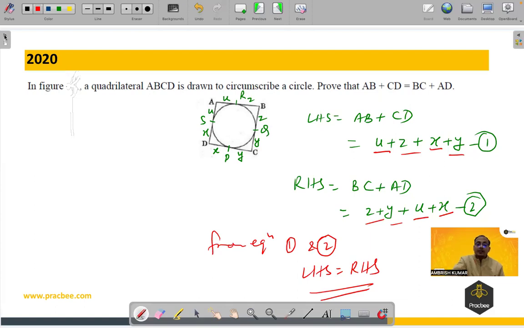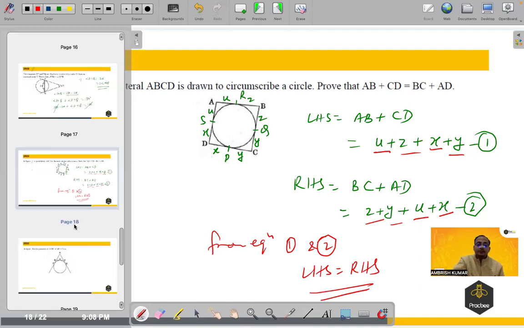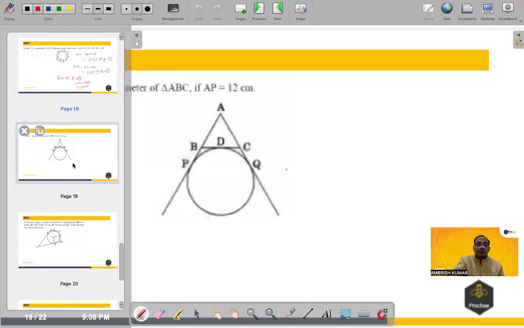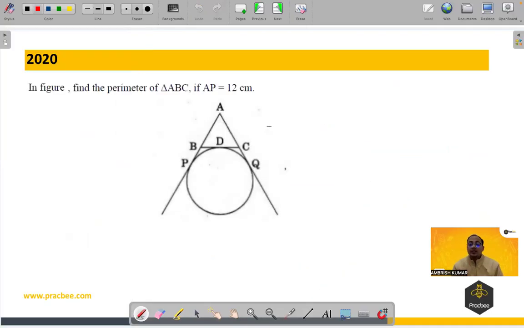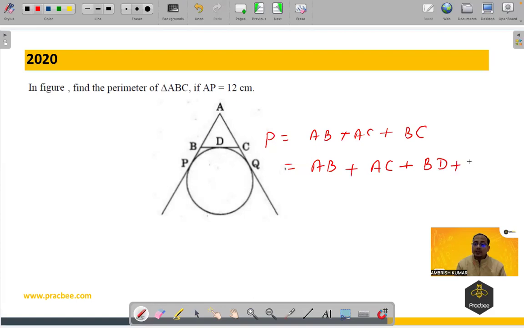In 2020, this question was asked. Look, this is again quite easy. The perimeter is going to be your AB plus AC plus BC, right? Now, AB plus AC, and we can break this BC into BD plus CD.